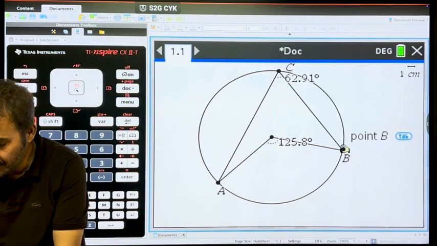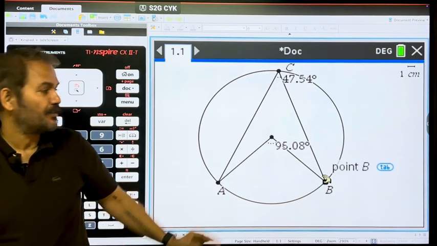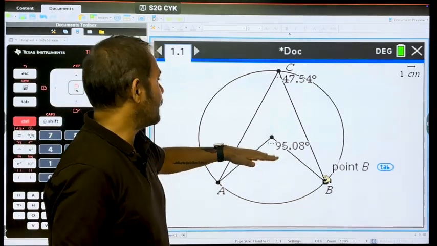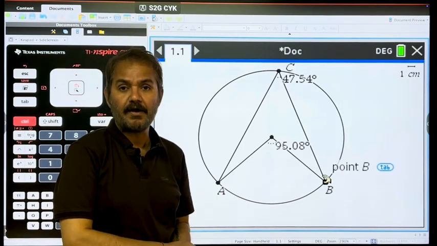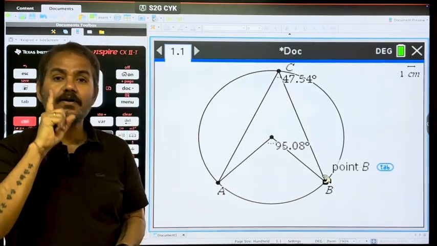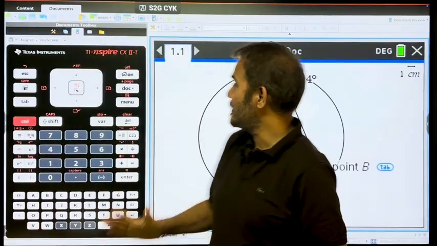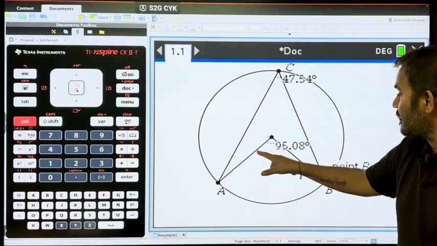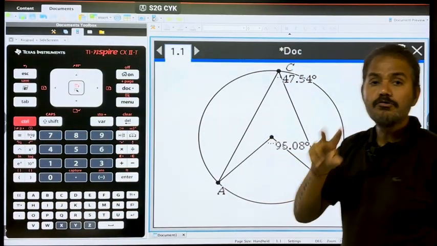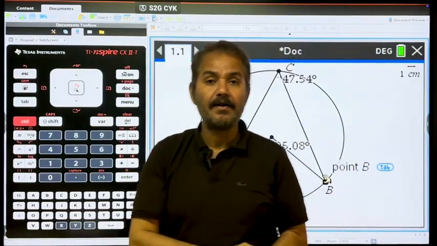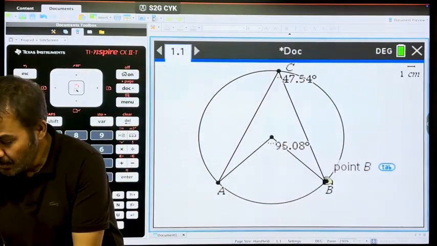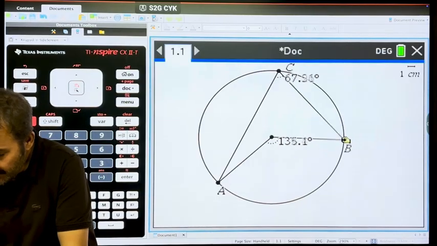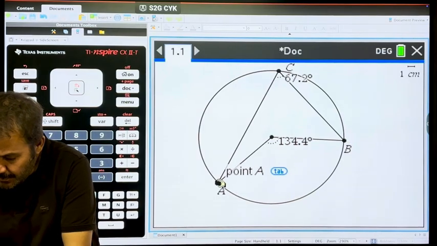So you see when we move these angles, the angle subtended at the center is always double the angle subtended at the circumference. So this is our first theorem, that the angle subtended at the center is 2 times the angle subtended at the circumference, right? Moving further. What if this angle subtended at the center is made 180 degrees?